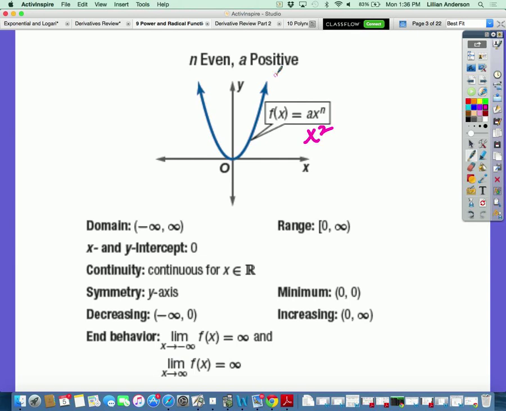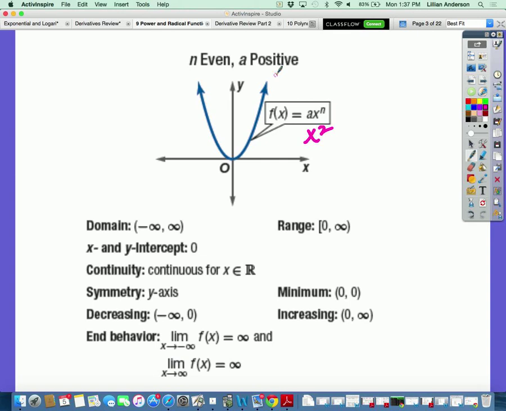Now if a is negative, it got flipped over the x-axis. Okay? So, if it got flipped over the x-axis, does that change my domain? No. My domain is still negative infinity to infinity. Does that change my range? Yes, it does.